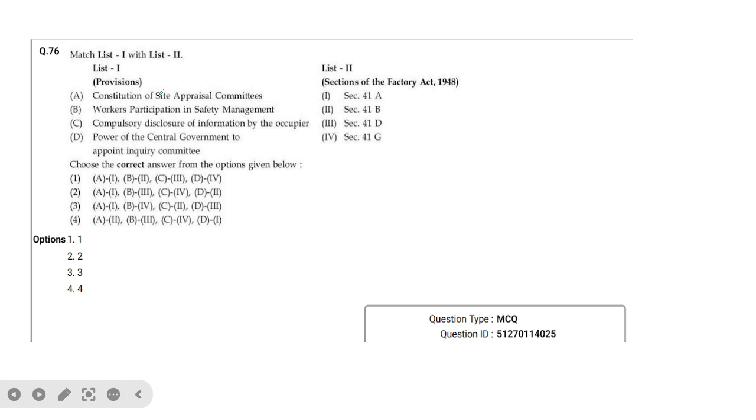Question number 76 is, match list 1 with list 2. Provisions with their sections of the Factories Act of 1948.